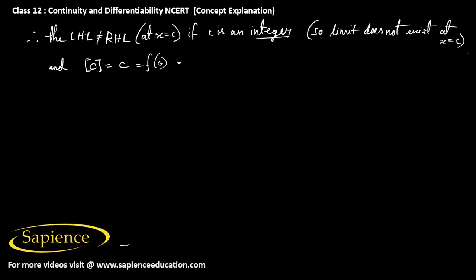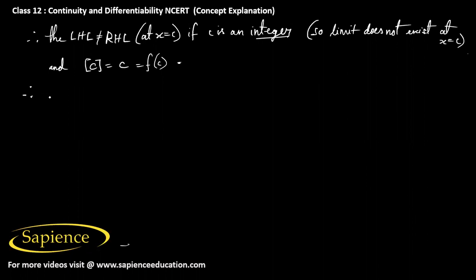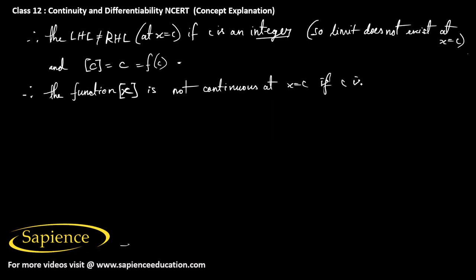So therefore the function is defined at x equal to c, but the limit does not exist. So therefore you can see that the function f of x equal to bracket x is not continuous at x equal to c if c is an integer.